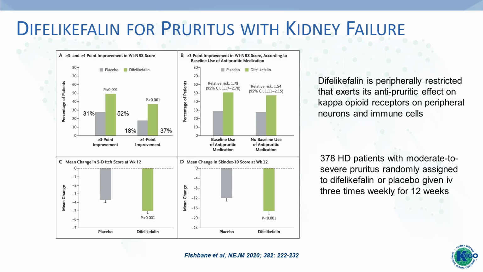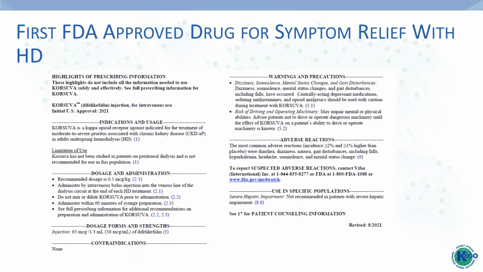This is the first drug specifically approved for reducing symptoms in people with kidney failure on dialysis. This is a cut and paste from the FDA package insert; it's called Korsuva.